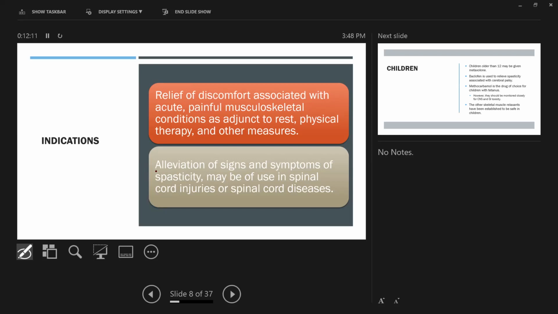They help to alleviate the pain, the symptoms of spasticity, and they also may be of use in spinal cord injuries or either genetic diseases or other diseases that affect the spinal cord and things that cause contractions, things like muscular dystrophy. Oh, darn, muscular dystrophy, sorry, multiple sclerosis, other diseases like that.